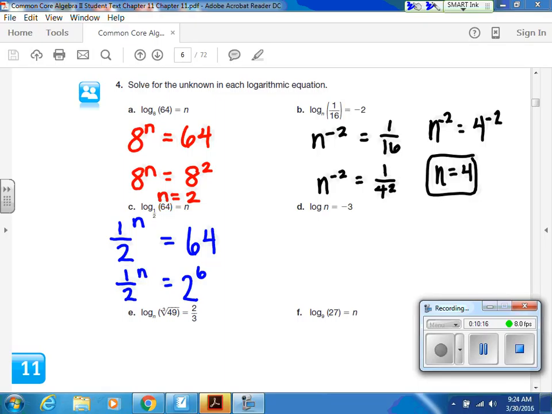Make it a negative, because what happens when it's a negative? It goes to the bottom. So I could say 1/2 to the n equals 1/2 to the negative 6. So what does that mean that n has to equal? Negative 6.